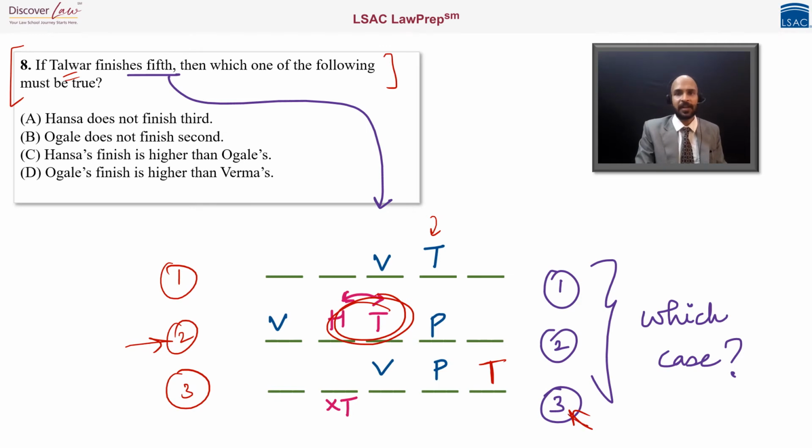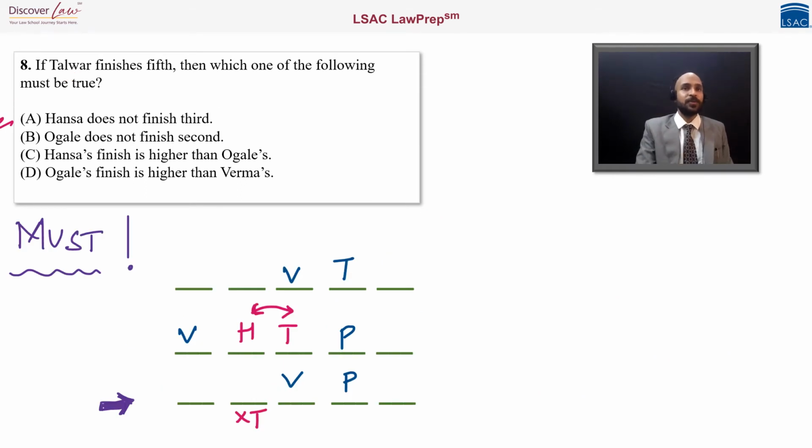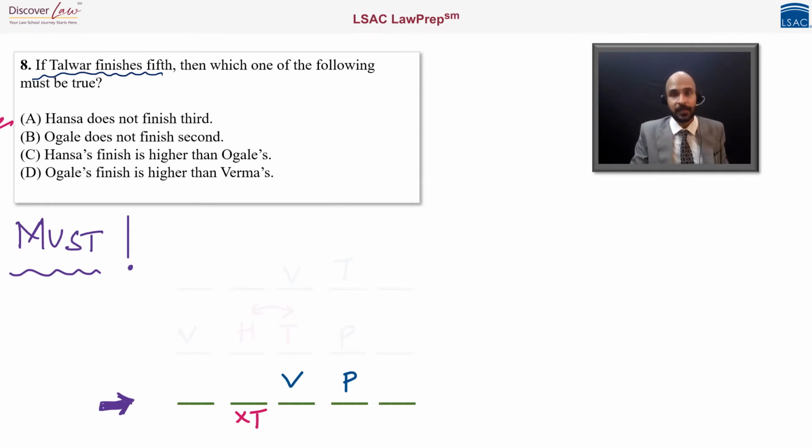Now, when we're looking at this, we have some things in place. Now let's look at the options. So we saw that for the case that Talwar finishes 5th, we have to look at only one possibility. Let's hide the other two. Now here's the more important thing in this question that I want you to understand. How do you deal with these must be true questions? Look at the question. It says, which one must be true?